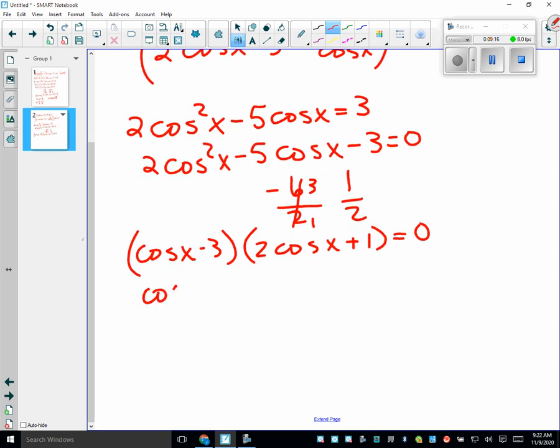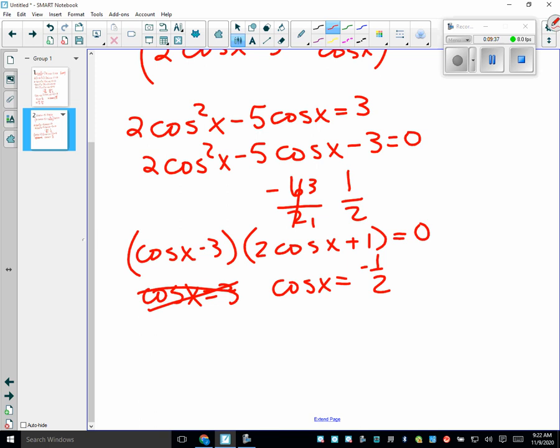So this one is cosine x is 3. This one is cosine x is negative 1/2. Right? Can cosine be 3? You know, you're going to get to where you're like, okay, I'm so glad I can just mark that out and not mess with it. It's gone.